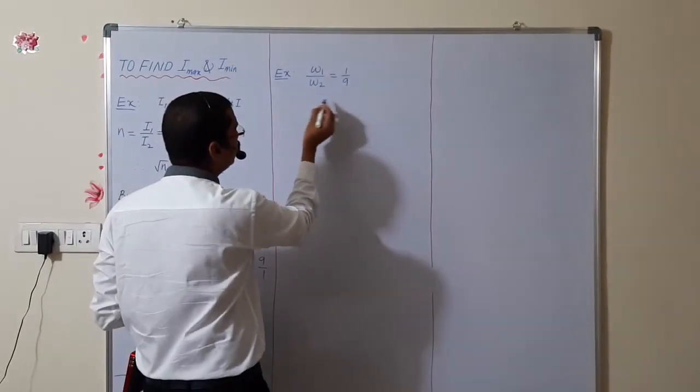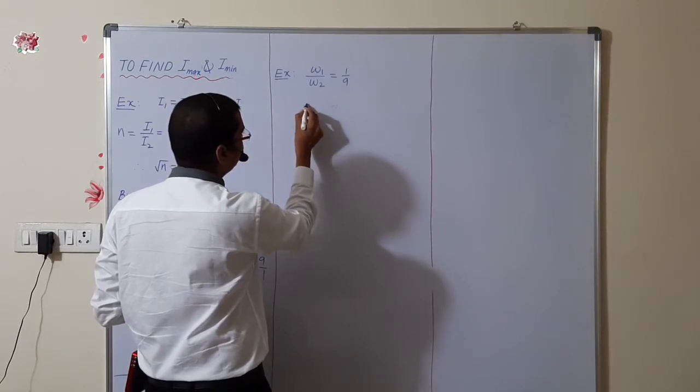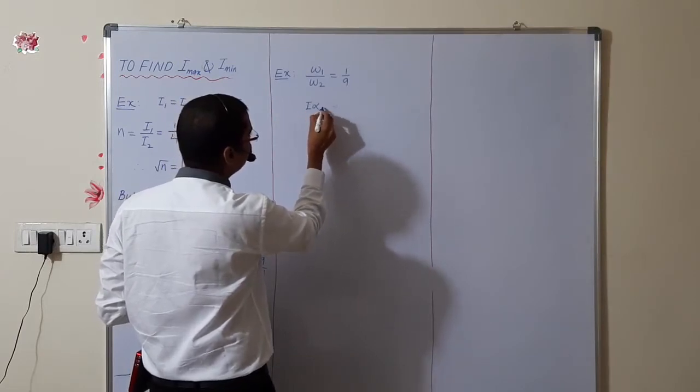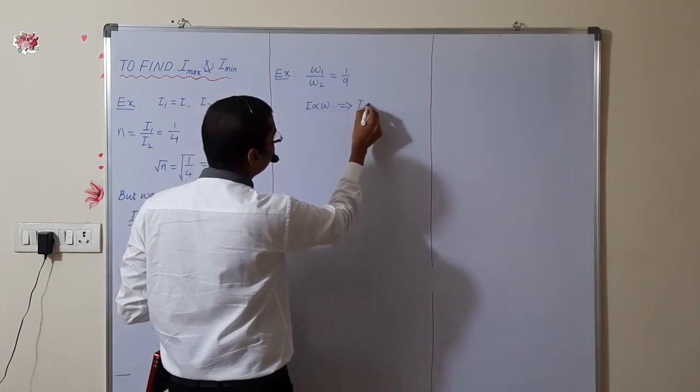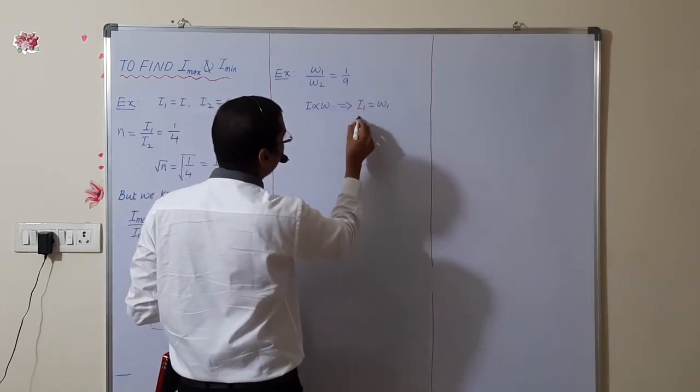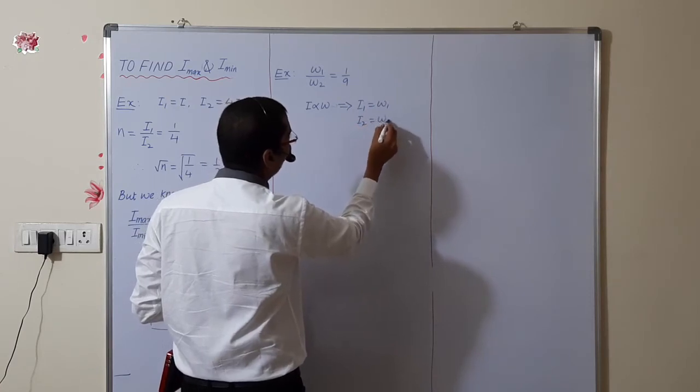Again we have one formula. What is that? I is directly proportional to omega. That's why here we can write I1 is equal to omega 1 and I2 is equal to omega 2.